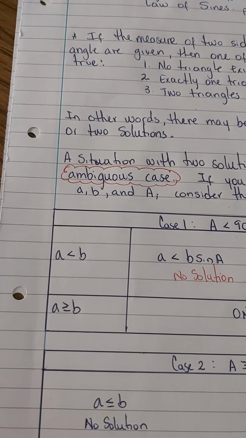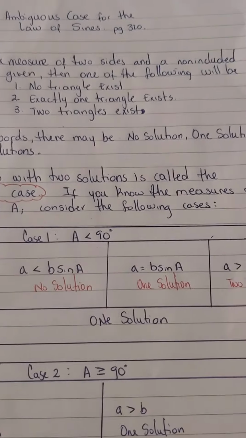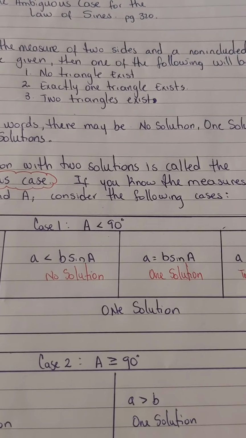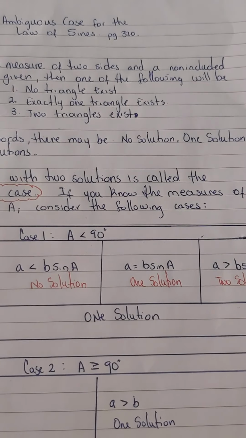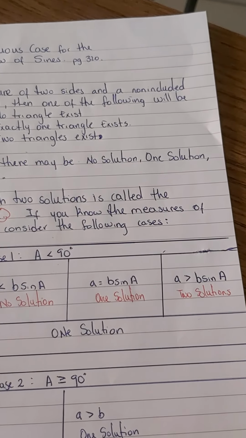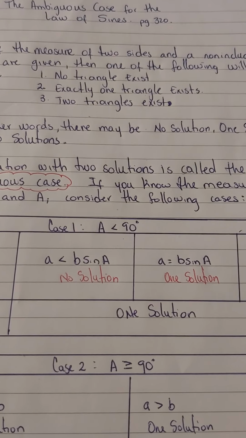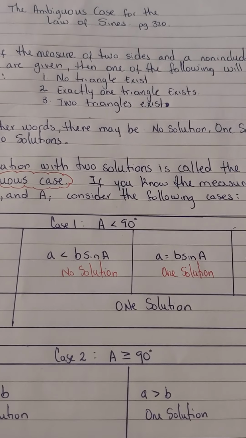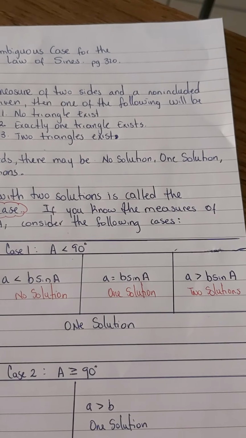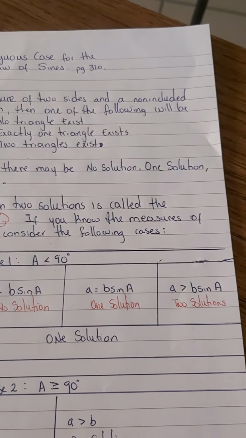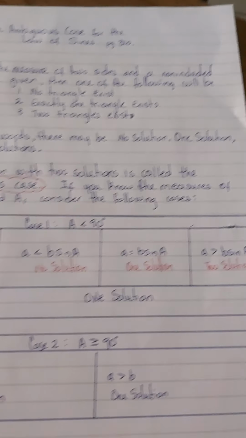If side A is less than side B, then you have to compare if A is greater than, equal to, or less than B sine of A. If A is less than B sine of A, then it has no solution. If A equals B sine of A, it has one solution. And if A is greater than B sine of A, then it has two solutions.